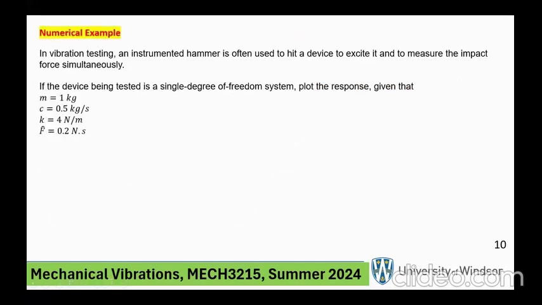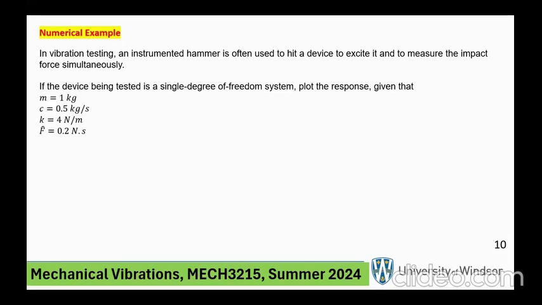Okay, so let's do an example where these things are actually used. Very often in instrumentation or experimentation, we use an instrumented hammer to excite a device. We hit it with the hammer, and the hammer will excite it, and it also electronically measures the impact force and the duration.